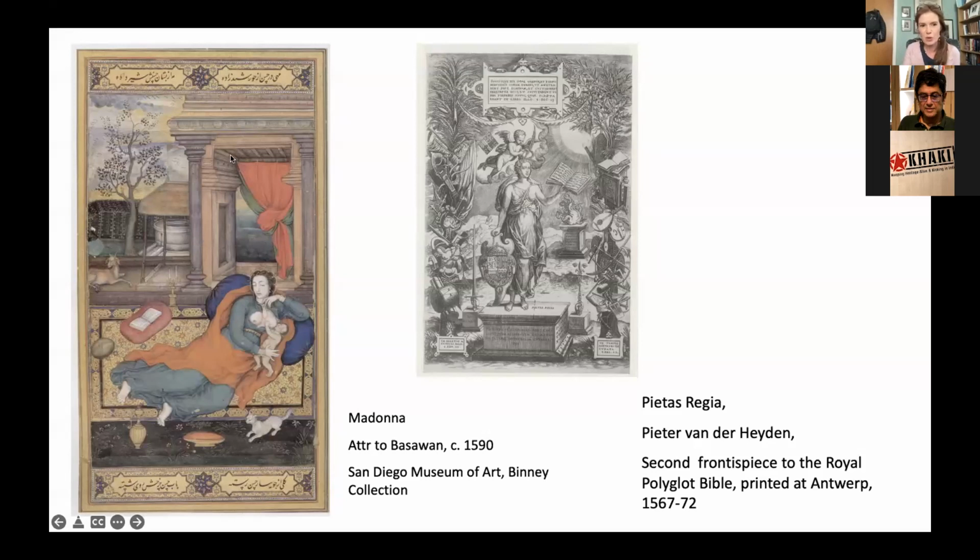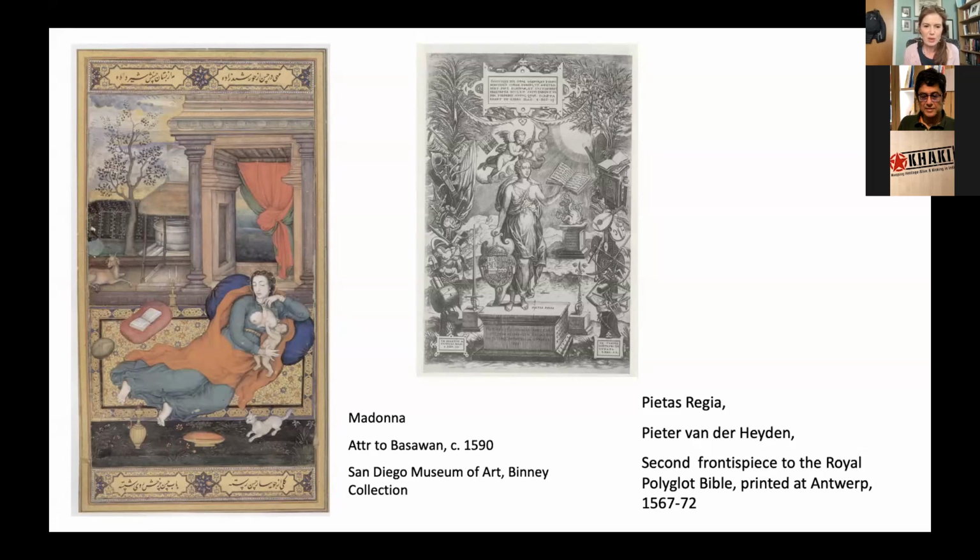We have this very European motif of the architecture and the curtain here. But the child doesn't seem really connected to the Madonna. And so it's unlikely that actually a European Madonna is the chief source of influence here.